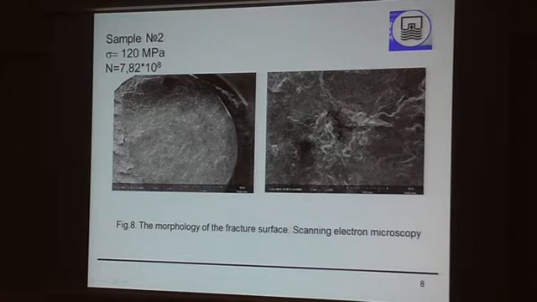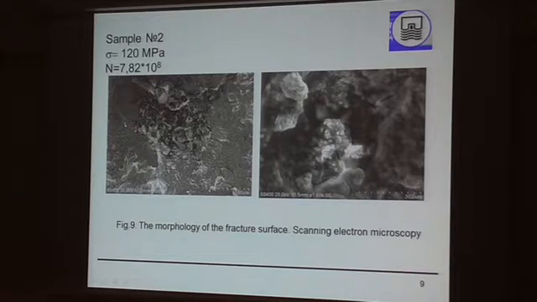The sample number 2, at a number of cycles of about 10 to the power 9, and we can see the fisheye zone, and in this slide we can see a scaled up fragment of the fisheye zone.